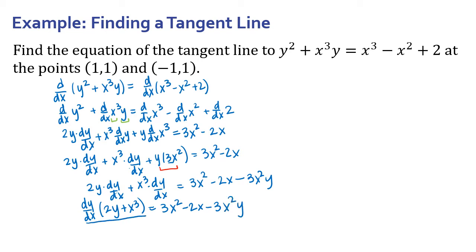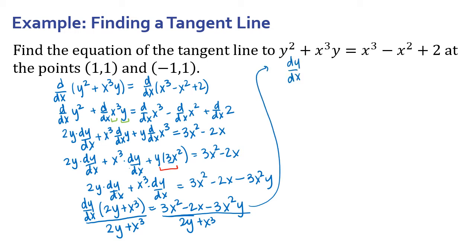So now to get dy dx by itself, we will divide on both sides. So dy over dx equals 3x squared minus 2x minus 3x squared y all over 2y plus x cubed.